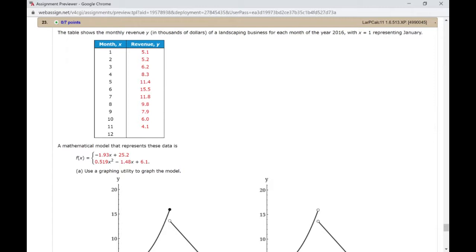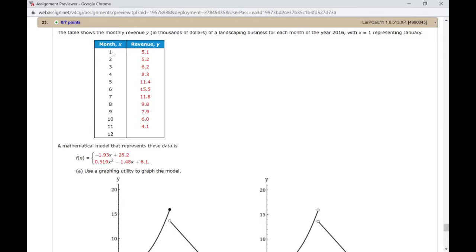Good. What does X equals 1 represent? The month. Which month? January. All right, January, so 2 would represent February, 3 would represent March, and so on. Very good.